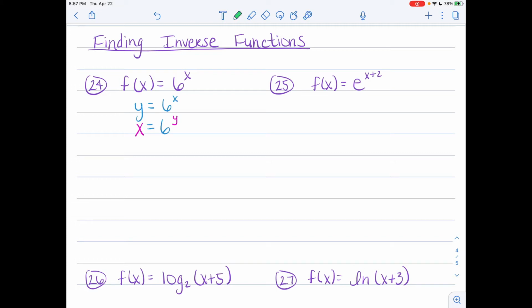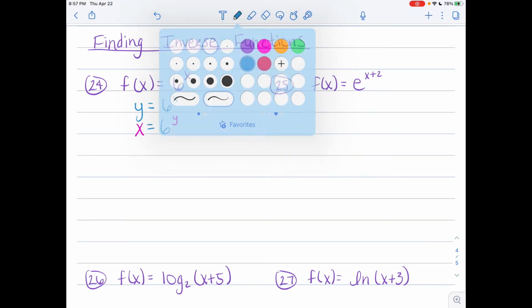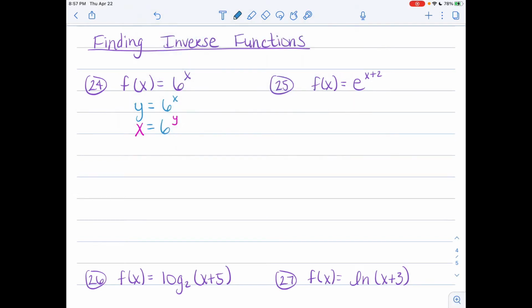However, before we go to swirling, here's something we need to notice. Remember that our x was on the right before. So before I do anything else, I want to rewrite this, flipping the sides around so that my swirling actually works properly. 6 to the y is equal to x.